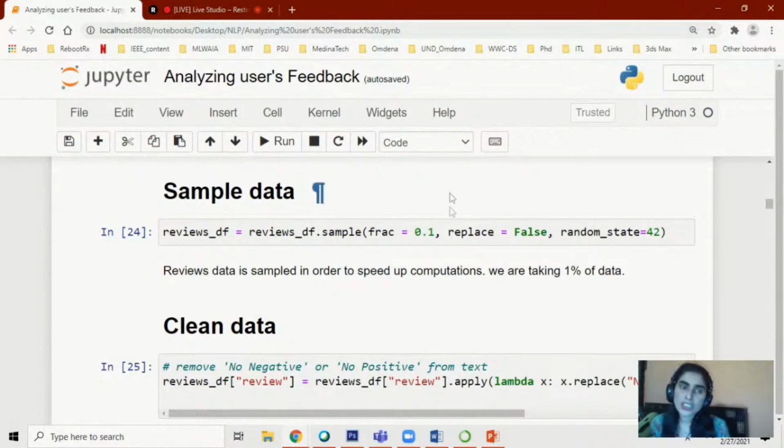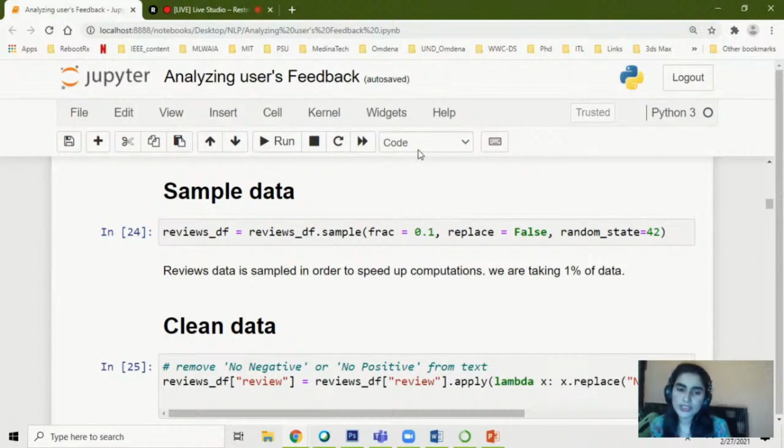So instead of taking the whole data set and all reviews from the data set, I'm just taking 10% of the data, like one fraction of this data set. So I'm taking 0.1. You can increase it, maybe 20% or 30% or 40%, depending upon the sensitivity of the data. For example, if we are using a medical data set, we can't replicate a similar passenger with similar treatment, because there could be many other factors involved.